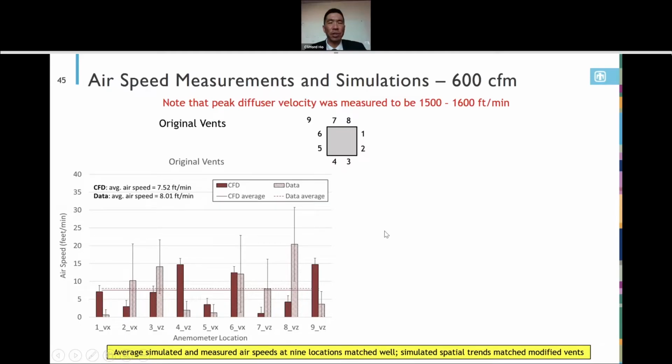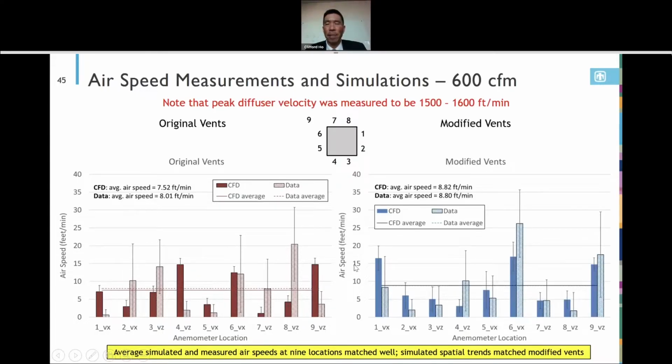The plot on the left here is showing the original vents, comparing the model, the CFD, and the data, which is hatched. And we can see that the trend differs in some locations, but it matches for the most part. And the average, which is the solid and dashed line, matched very closely. And then if you look at the modified vents, similar behavior.